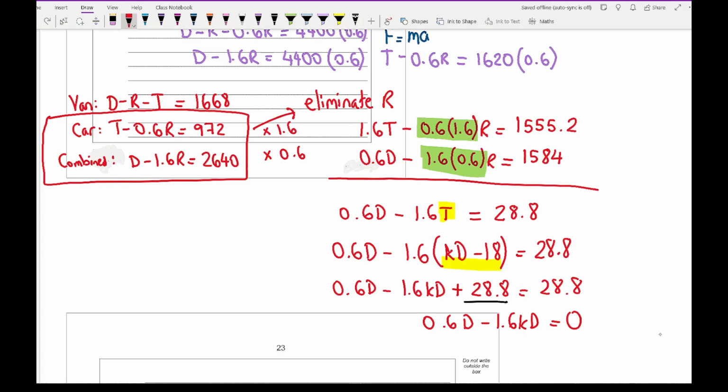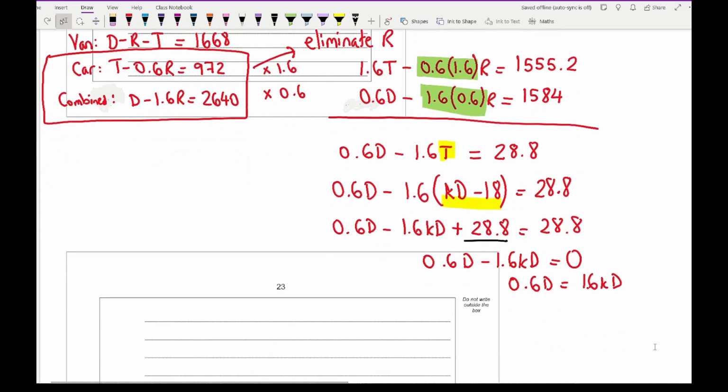At this stage you could factorise out the letter D, or you could take the 1.6kD on over to the right hand side. We want to find the value of k, so 0.6D divided by 1.6D is equal to k.